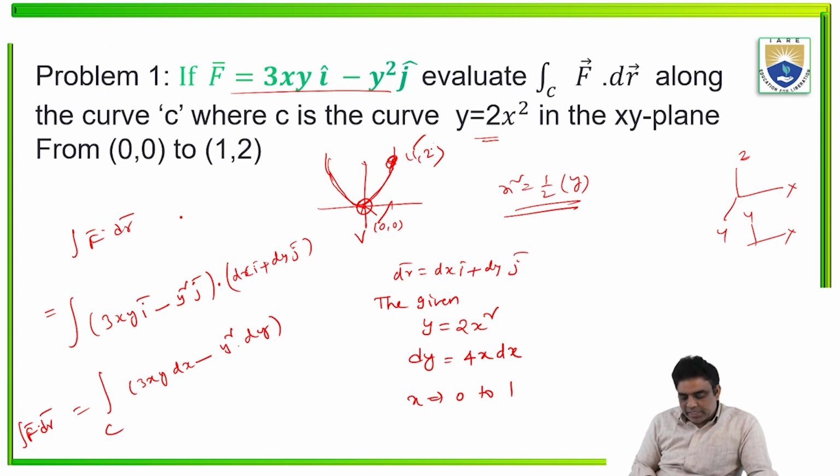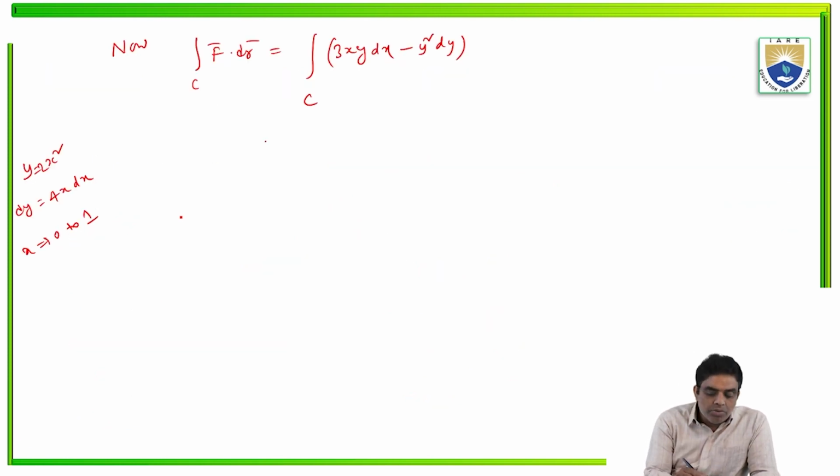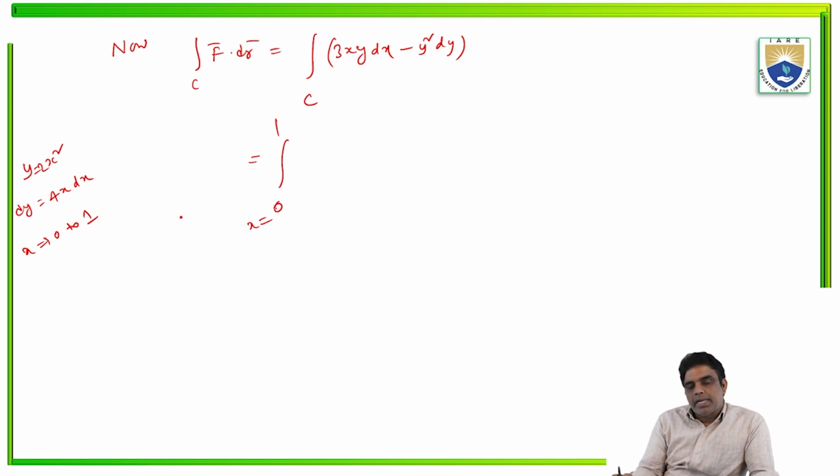So all the information is available. Now we calculate the integral from 0 to 1, taking x as the limit, or you can take y also.